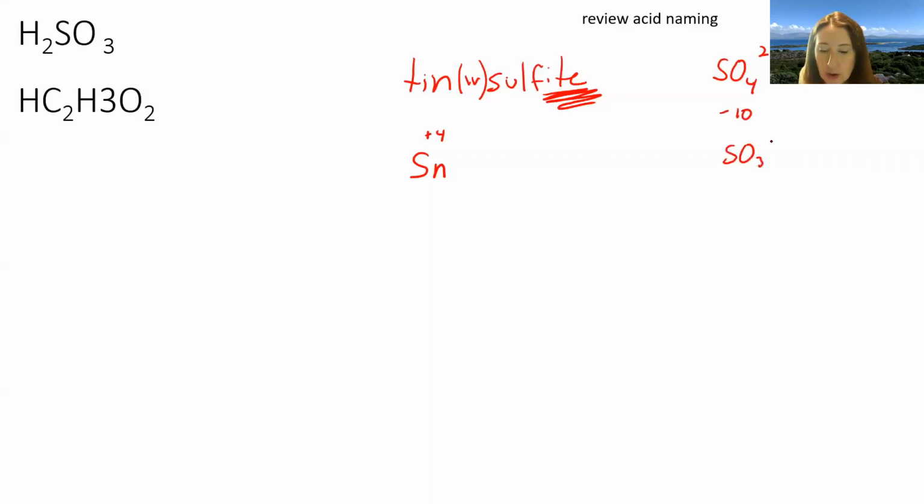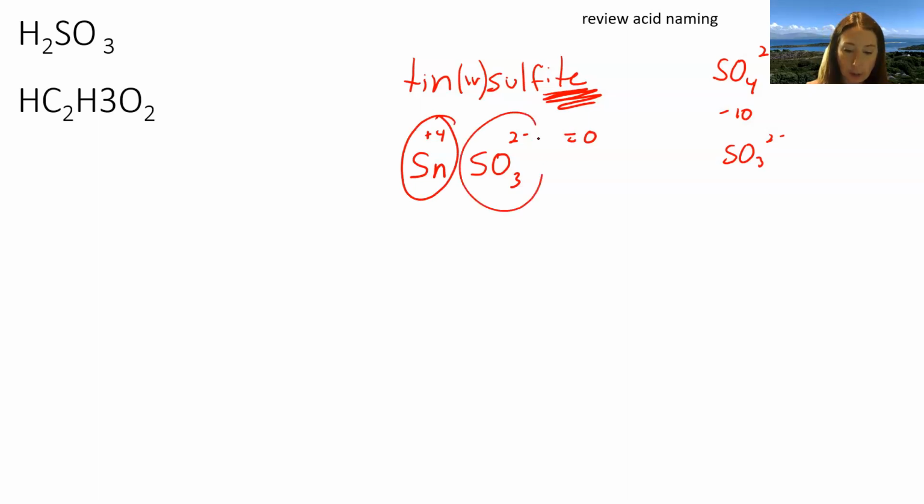It's SO3 2-. That's its charge. Okay, so when we do this, again, they need to equal 0. So right now we have 1 tin 4 and 1 SO3. Well, we need another SO3.